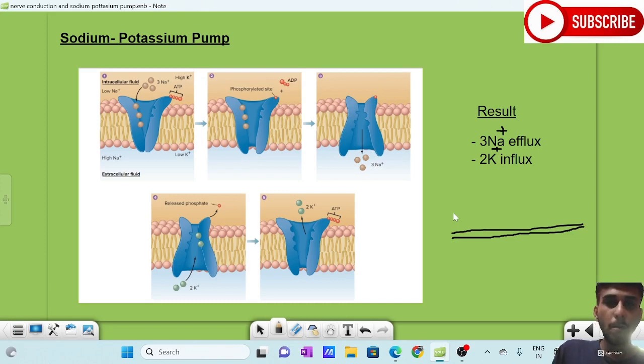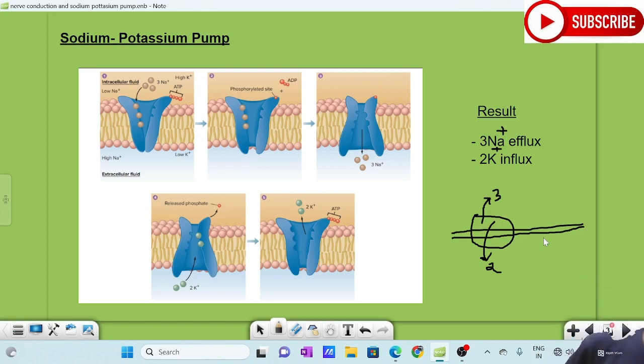So what does the sodium potassium pump do? It pumps 3 sodium outside and 2 potassium inside. So the sodium potassium pump will be present somewhere in the plasma membrane. Sodium and potassium are ions and they exist in their cationic state, plus.